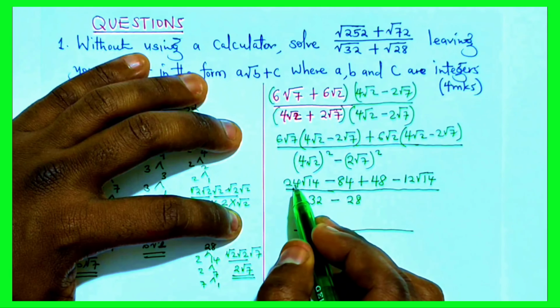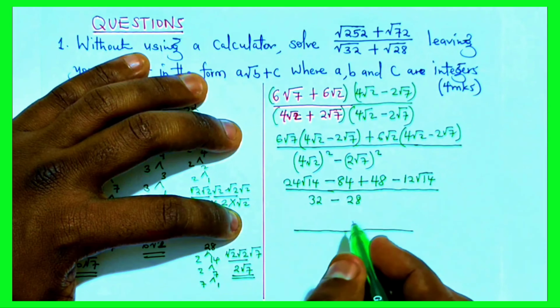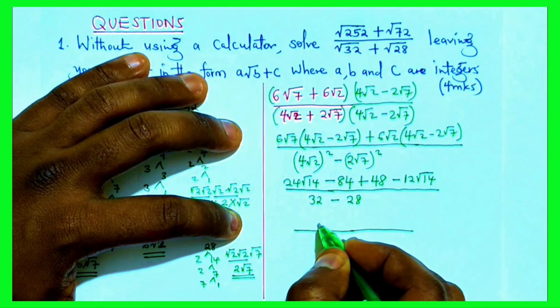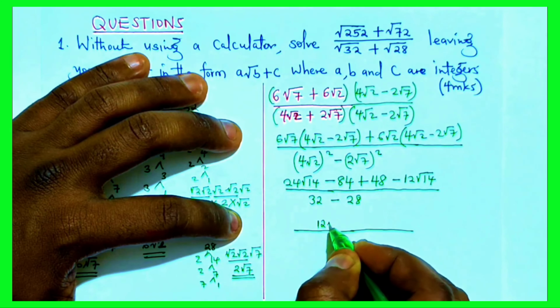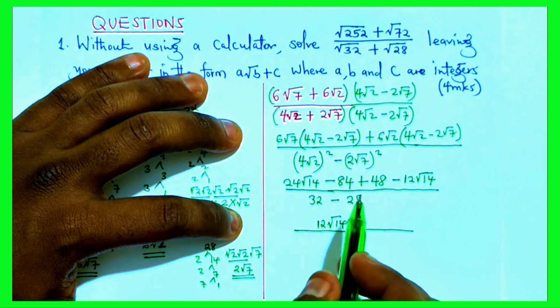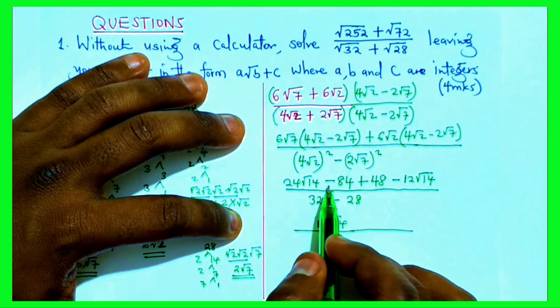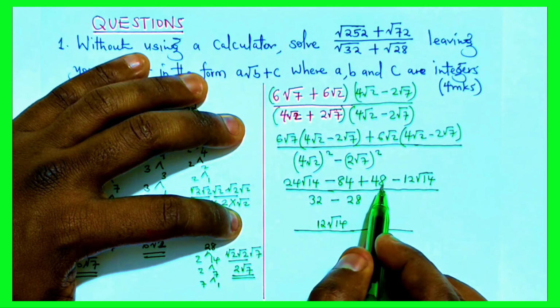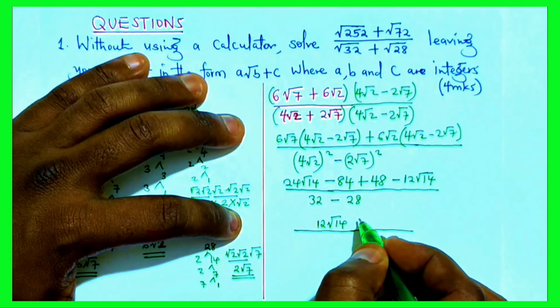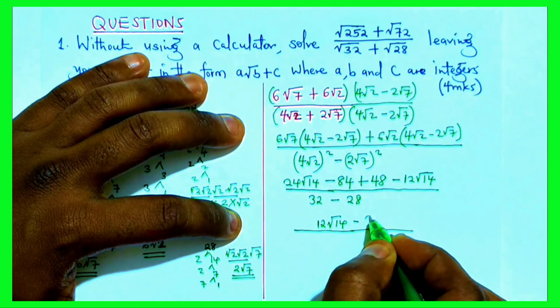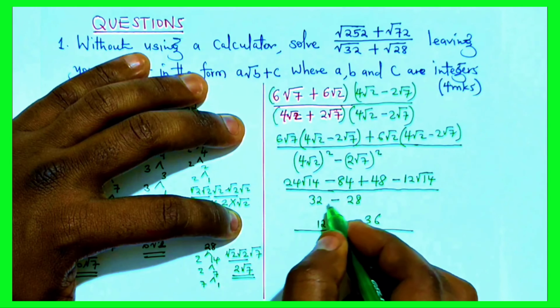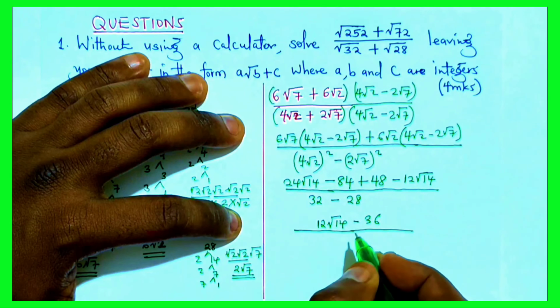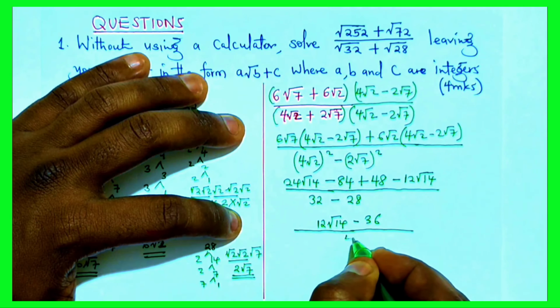So we're going to subtract the coefficients. 24 minus 12, that is simply 12 root 14. And then the whole numbers, you're going to have negative 84 to add 48. So you're going to have here negative 36. And then on the denominator side, you're going to have 32 minus 28, which is simply 4.